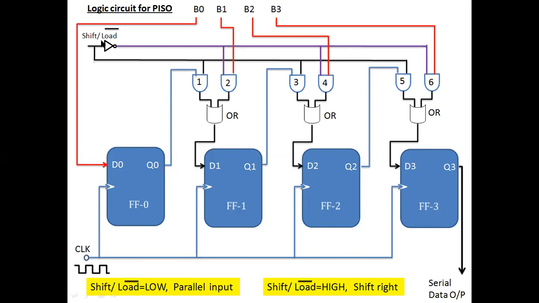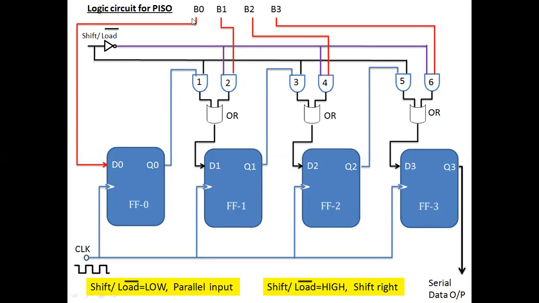When the shift or load mode is low, what will happen? Then the NOT gate output is 1, so AND gates 2, 4, and 6 will be enabled, and as the other input is 0, AND gates 1, 3, and 5 will be disabled. Whatever the data there, it will always be 0 because one input is 0.